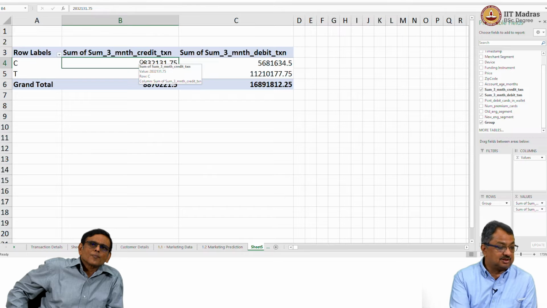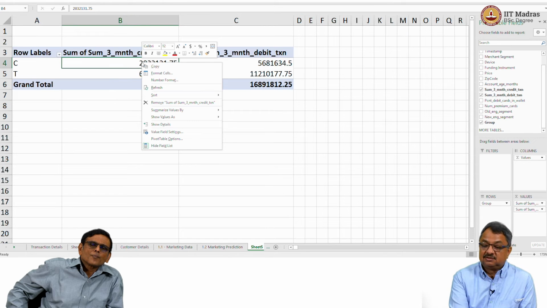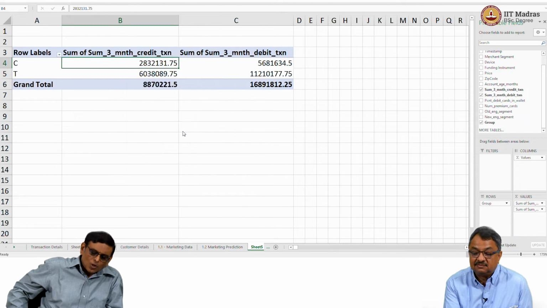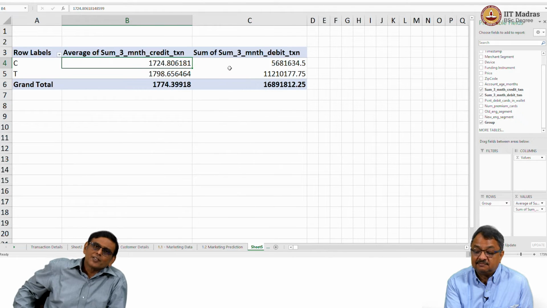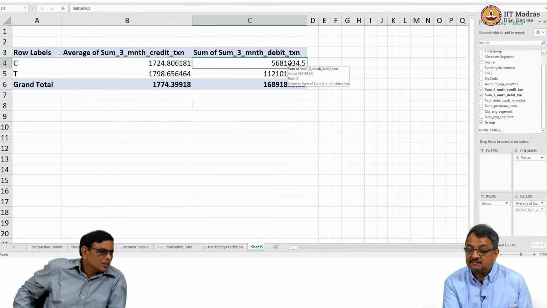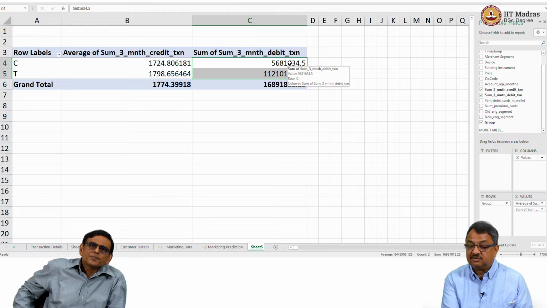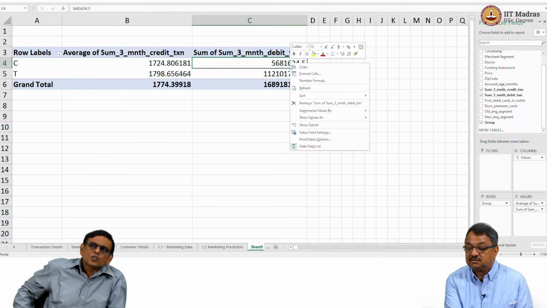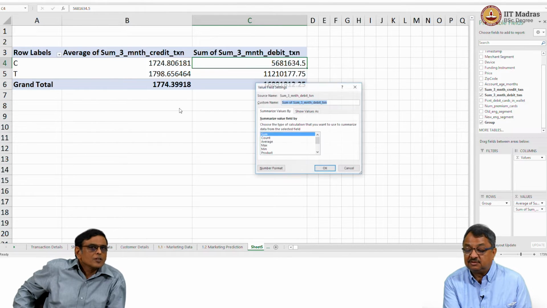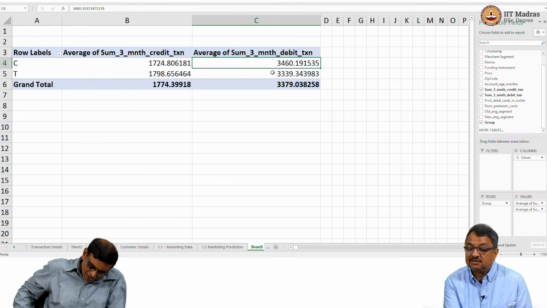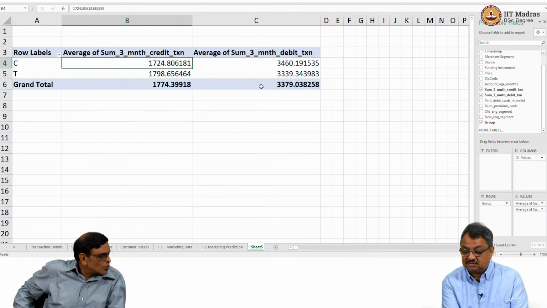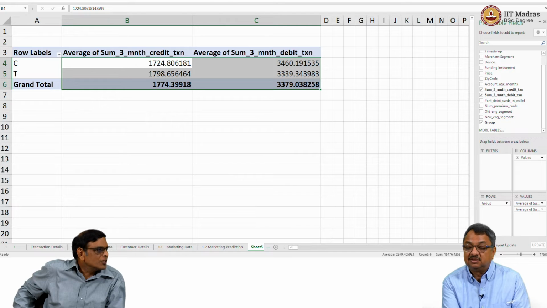No, we don't want sum, because the total amount spent on debit card and credit card may be very different. Average, so average spend on debit card and average spend on credit card. The ratio of average spend on debit card to average spend on credit card for the test and control group should be the same.